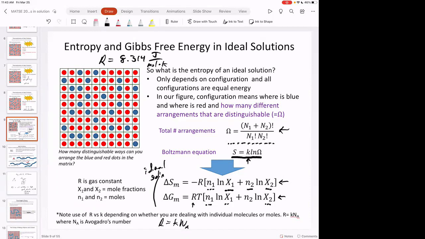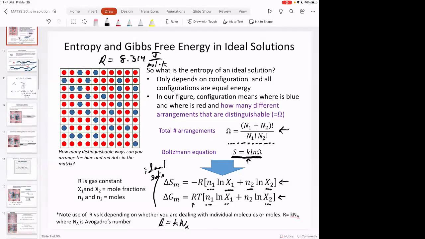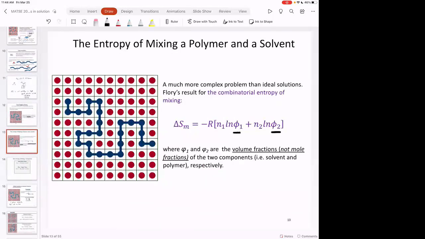We can use mole fractions and number of moles because everything's the same size. So this gives us an accurate picture of how many red circles and blue circles are there. In order to get that same accurate picture, what Flory and Huggins did was they came up with this idea of volume fractions in order to represent how much polymer is there and how much solvent is there.